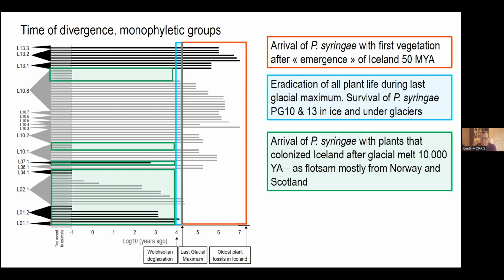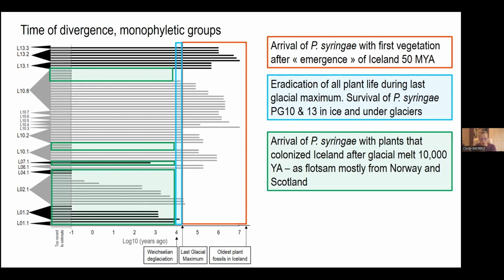So then, when there was a deglaciation, it was actually very rapid, about 10,000 years ago, and it caused a faster movement of water in the North Sea around Iceland, and it brought with it flotsam of plants, mostly from Norway and Scotland.